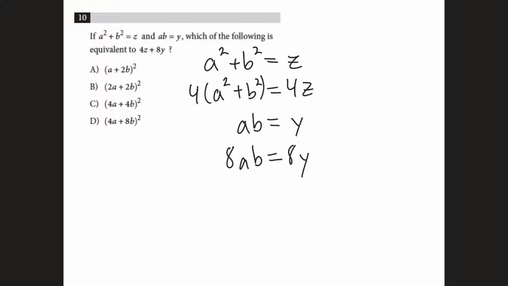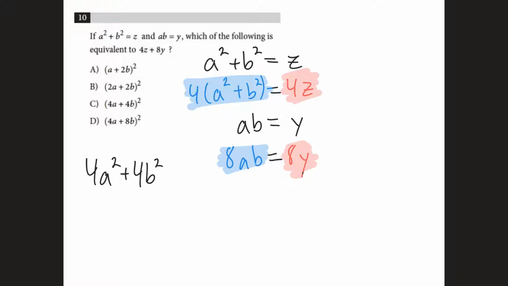Okay, so we're going to be adding 8y and 4z. Well, that means that we're going to be adding this and this. So let's do that. We're going to have 4, and I'm going to distribute, so it'll be 4a squared plus 4b squared plus 8ab.